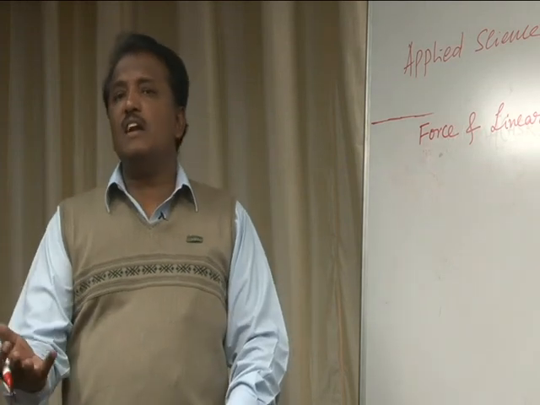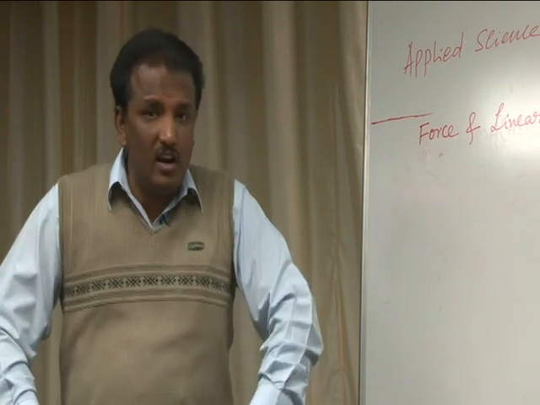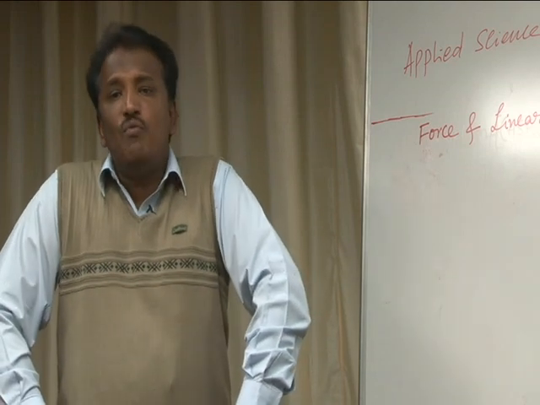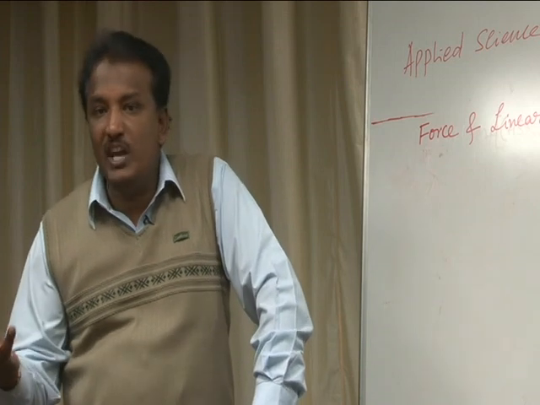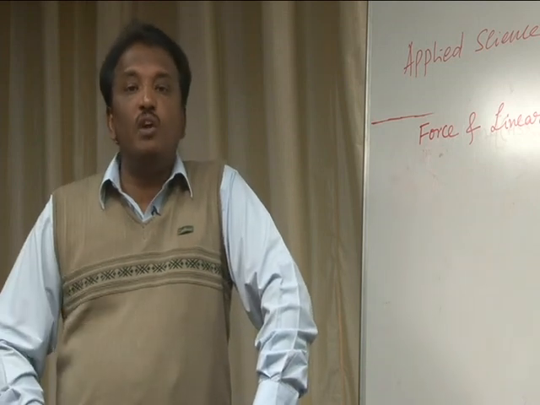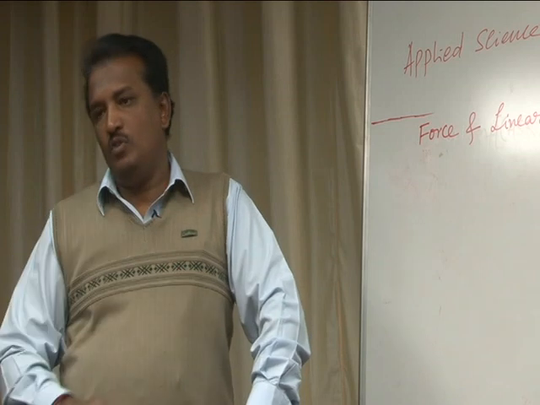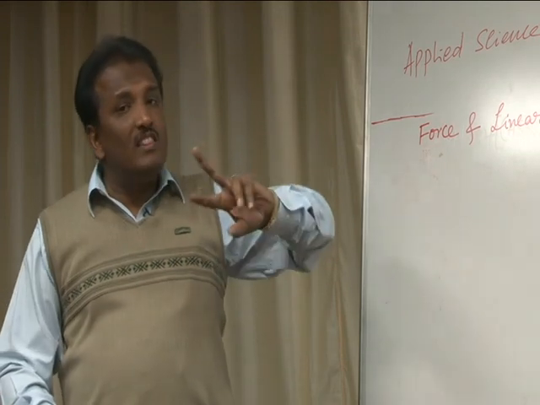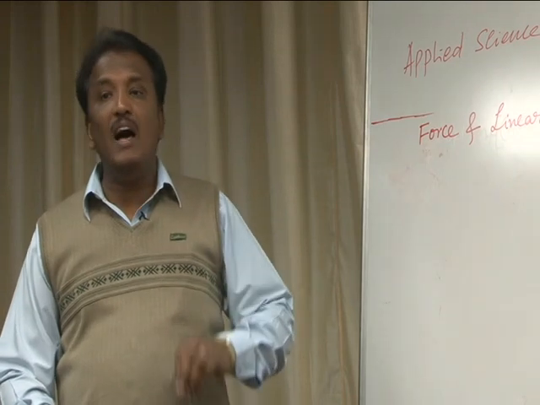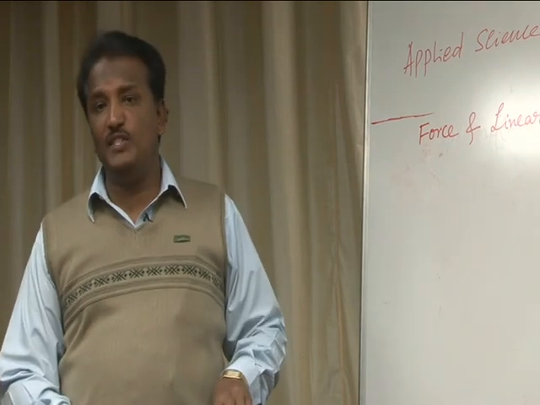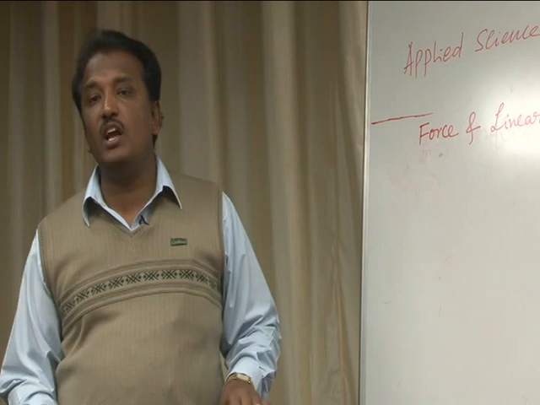In the latter case, the body is already under motion. By applying some force on it, you may change its direction, you may change its magnitude, or even you can stop it. So, in these two examples, we are applying some invisible, fictitious physical quantity that is called a force.